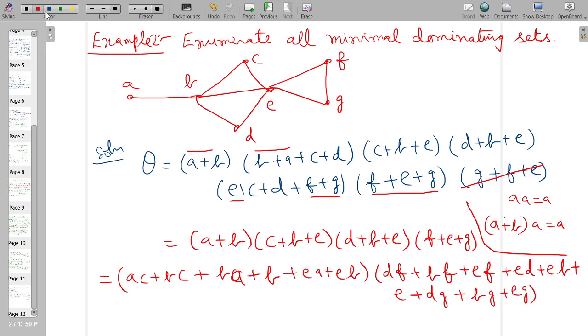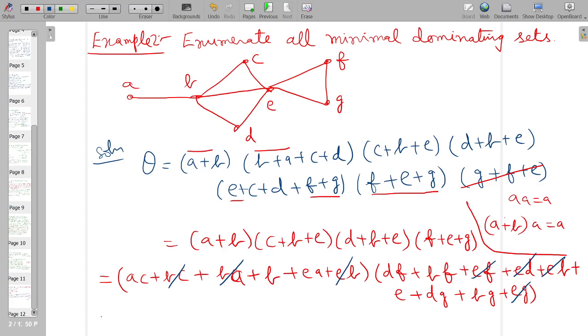Okay, now again using the properties of Boolean expressions, B plus BA is B, B plus BC is B, B plus EB is B, E plus EG is E, E plus ED is E, E plus EB is E. Okay, E plus EF is E.